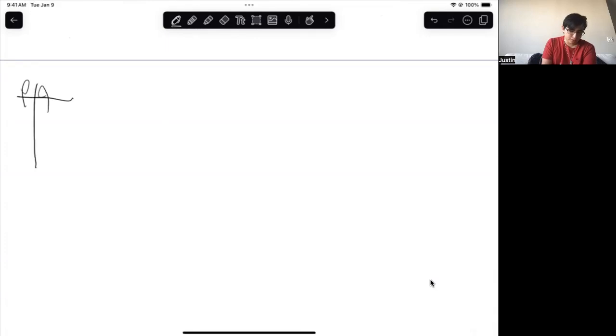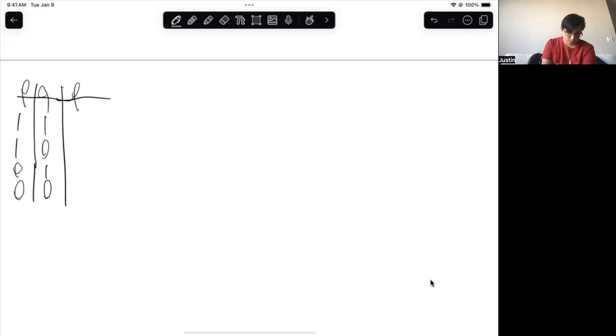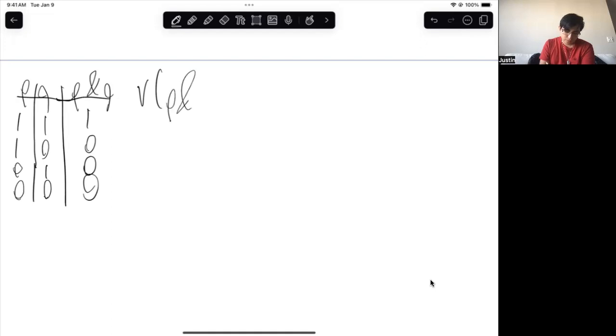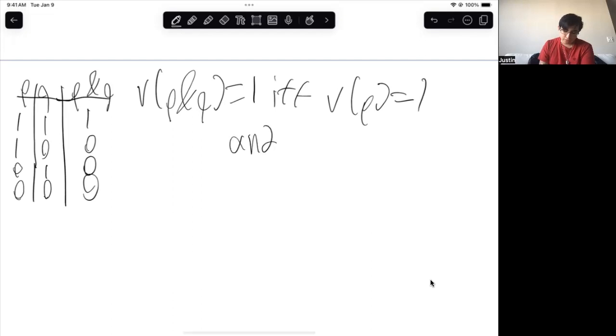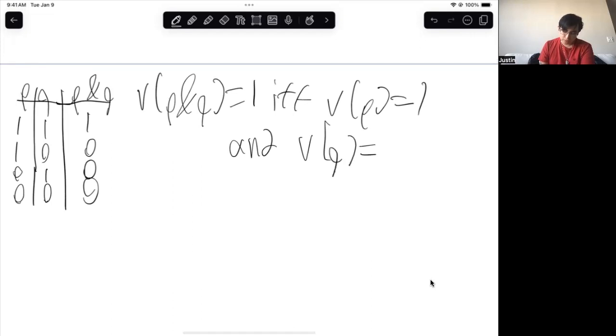But then you also have the conjunction, which works a bit differently. With this, the value of the conjunction P and Q is true if and only if the value of P is true and the value of Q is true.